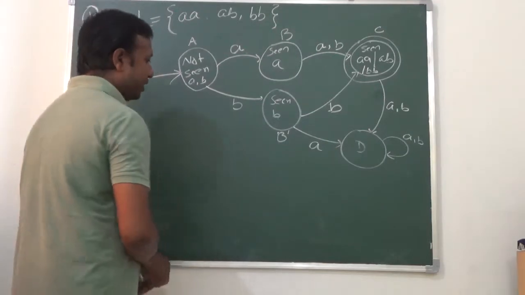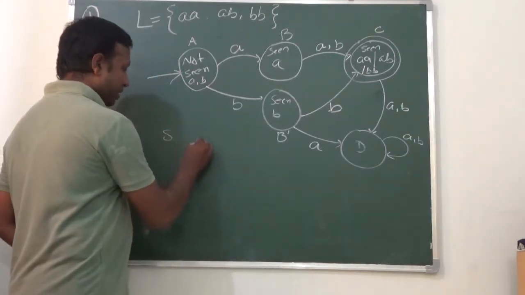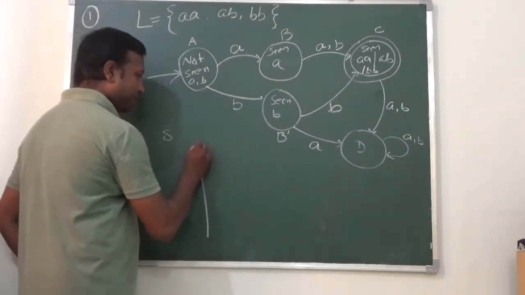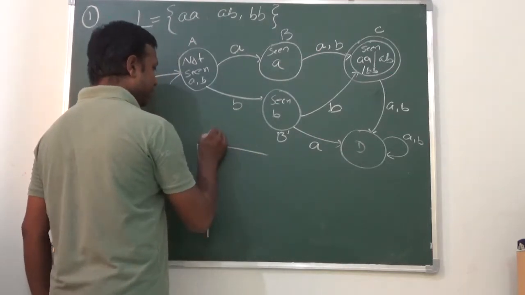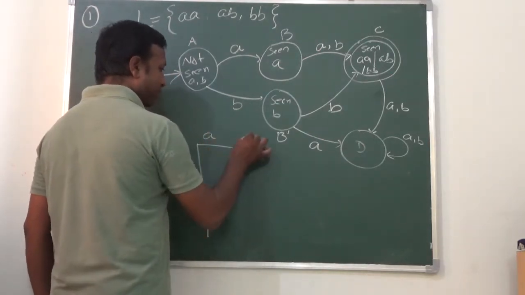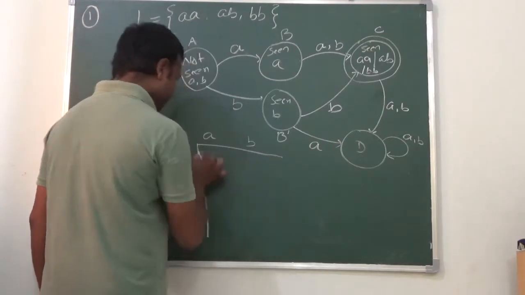So if you want to write delta, there are two possibilities. Either I will get an A or I will get a B, right?